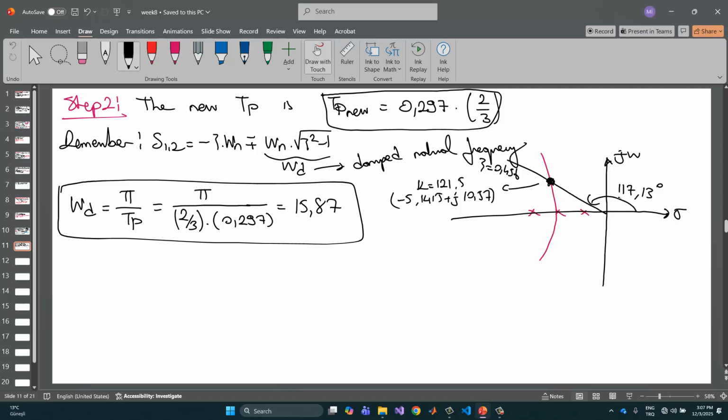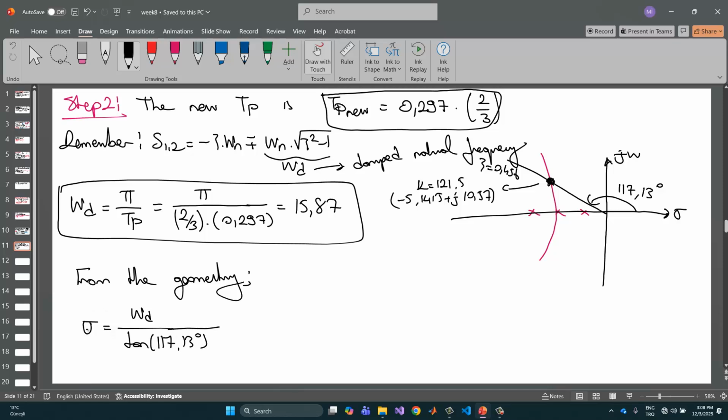You can do this because we have the root locus geometry right now. From the geometry, we can write this: sigma is equal to Wd divided by the tangent of the 113 degrees in here.